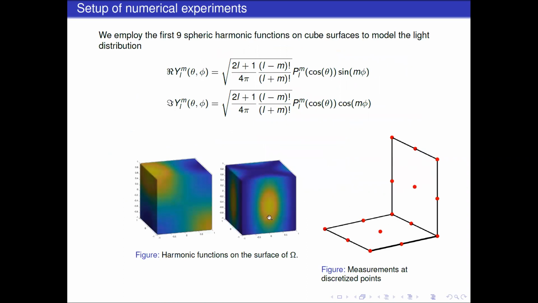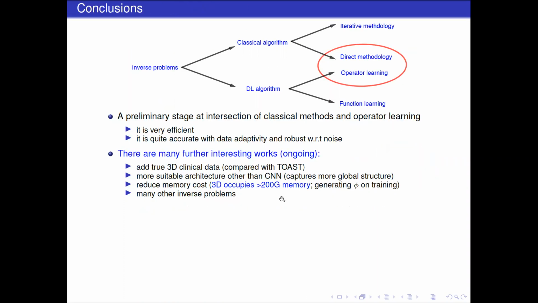That costs much more memory than just using the boundary data, and that is indeed very expensive if you have a large number of samples. So this is something we are interested in, and of course we want to apply it to many other inverse problems.